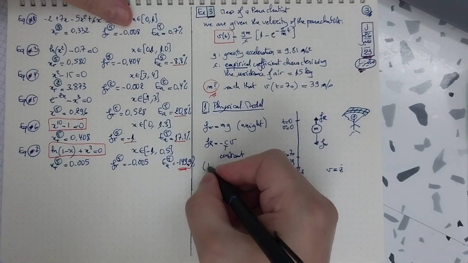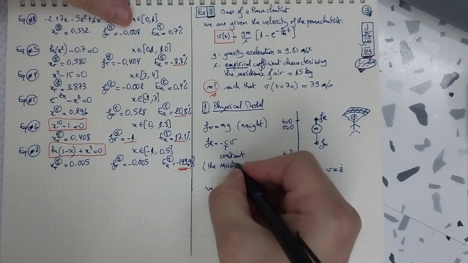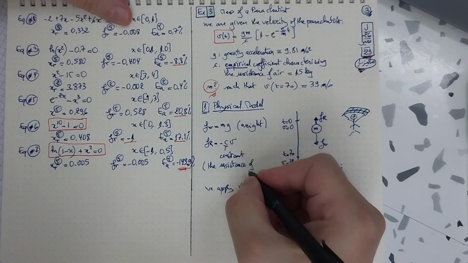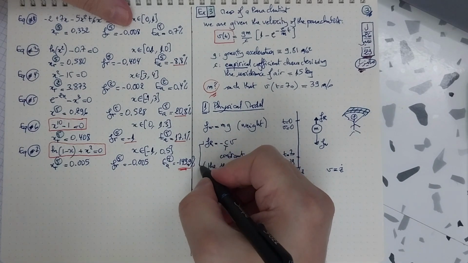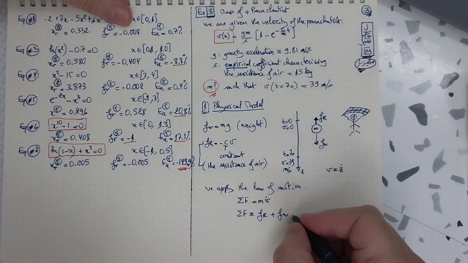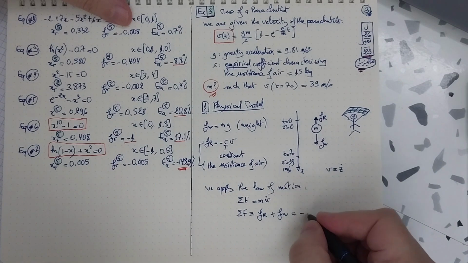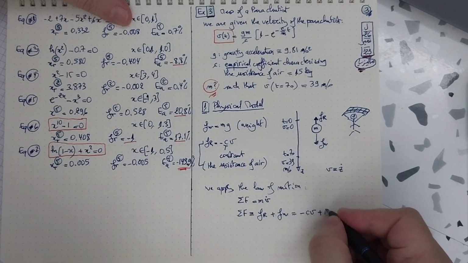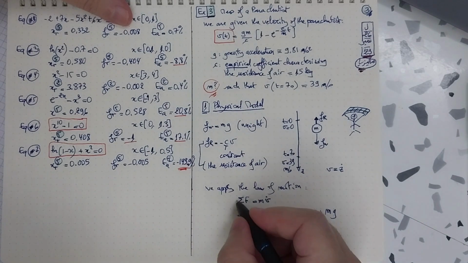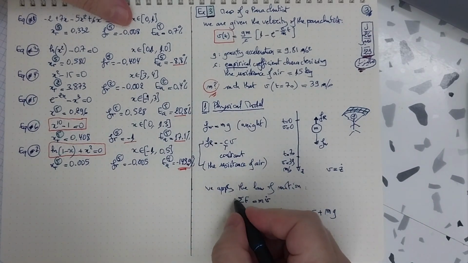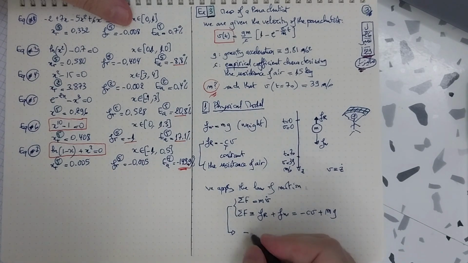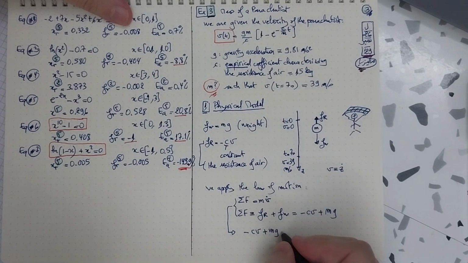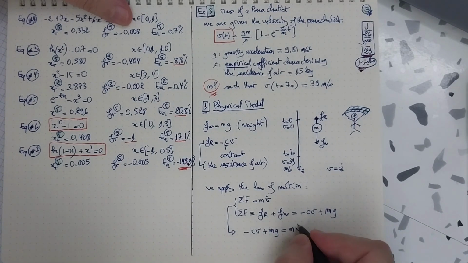Let's write here the resistance of air. And this is equal to minus Cv plus mg. And these two equations will give us the following: minus Cv plus mg equal m v dot.